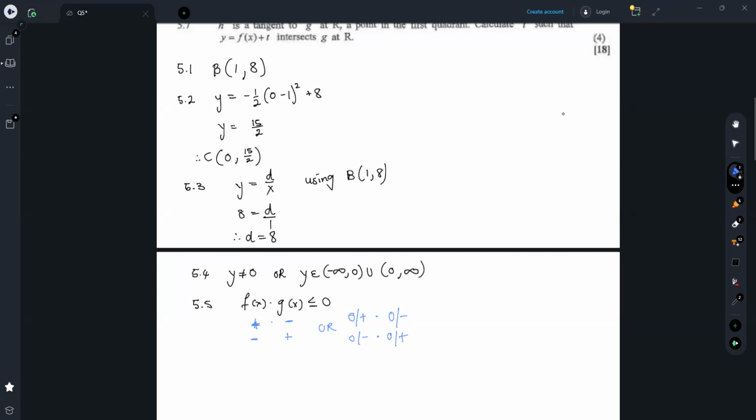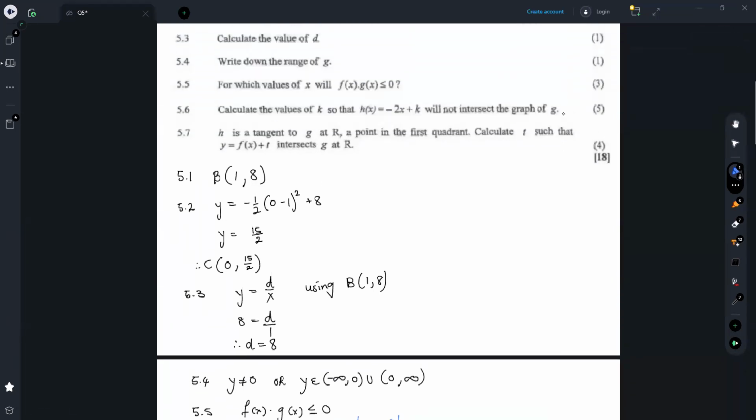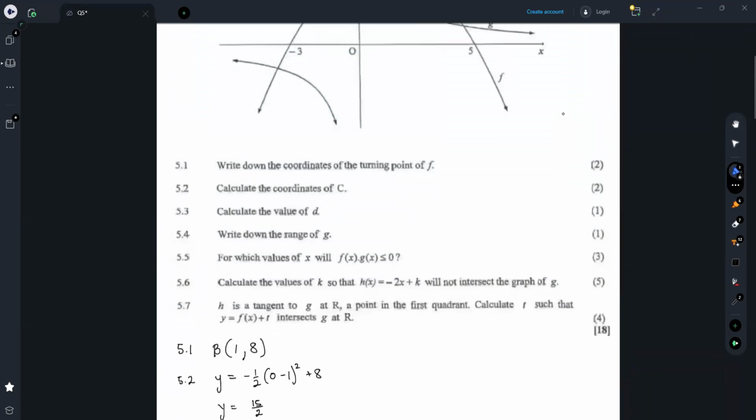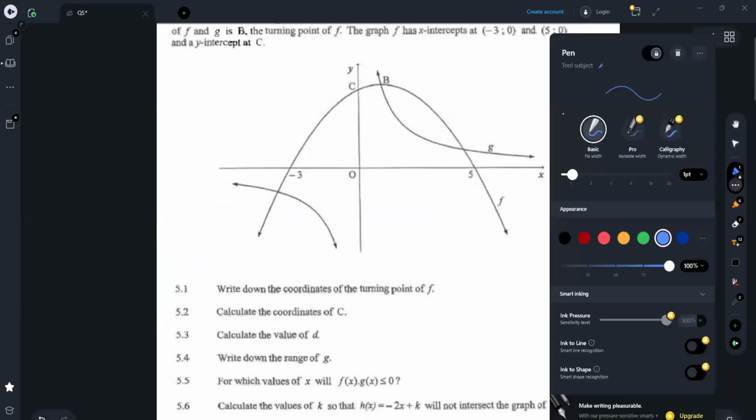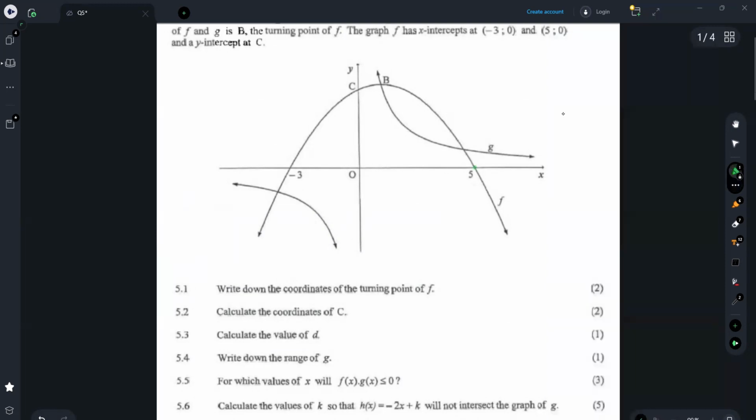So now we have to go back to the function and analyze where this happens. How are we going to analyze this information? We're going to check where the functions change sign, where the y values become positive and where the y values become negative, and we can draw dotted lines there. You see right here at 5, the y value of the function f of x is 0.